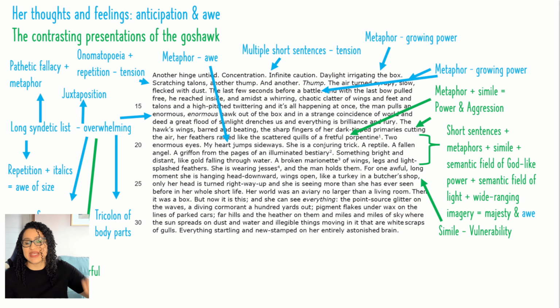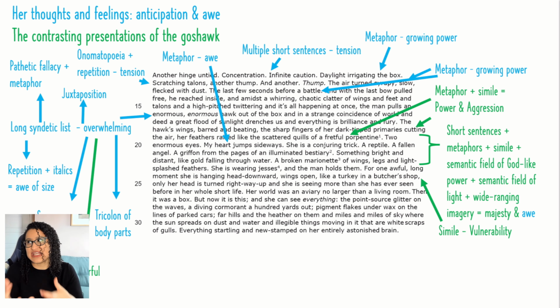And we get that, first of all, with the use of the third person pronoun she that we get throughout this section. Now, yes, okay, the bird is a she, and so it's not really that strange to call a bird she. You do that with most animals based on their sex. However, up to this point, it's been called hawk. And so it's that important shift in the mode of address away from hawk to the third person pronoun that makes it feel much more personal.